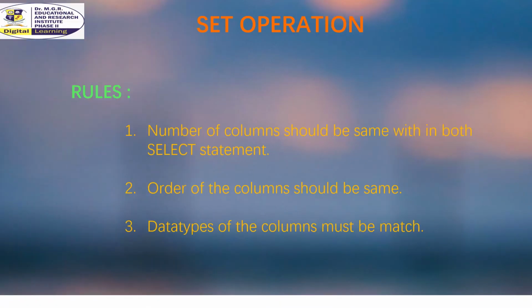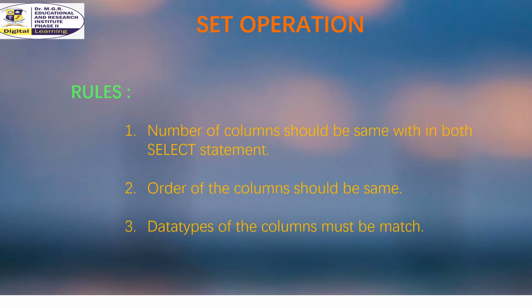Here we will see about the rules of the set operation. That means whenever we are using the set operation, we should follow the rules. Rule number 1. Number of columns should be the same within both select statements. Suppose we want to combine two tables, that is table 1 and table 2.